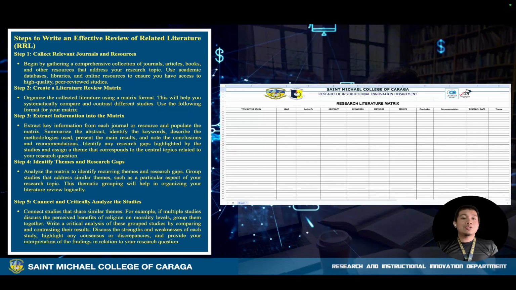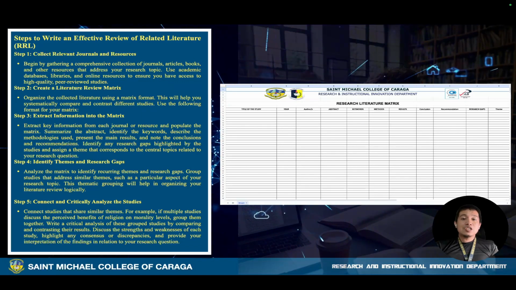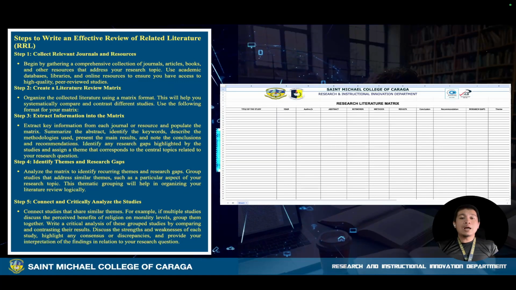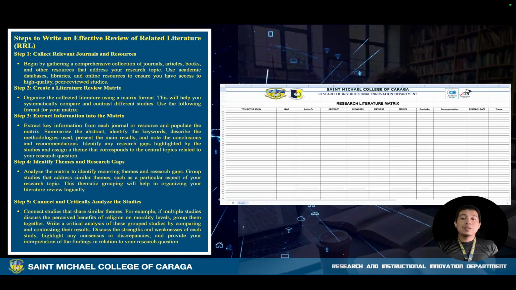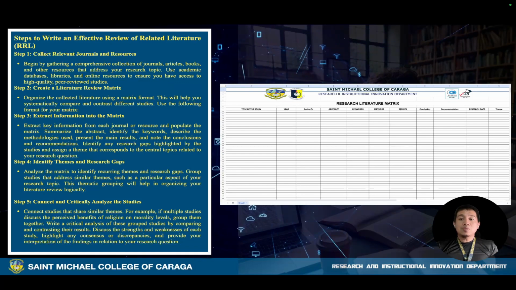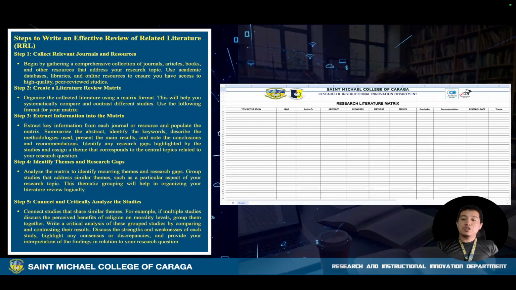First, you need to scrutinize each document by extracting the following information: the title of the study, the year of publication, the authors, the abstract, the keywords that you will find in the journal, the methods, the conclusion, and the recommendation.